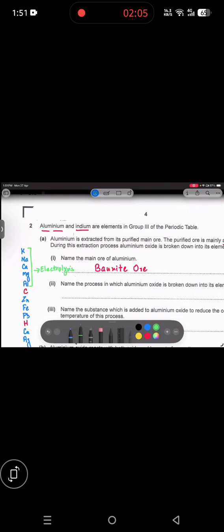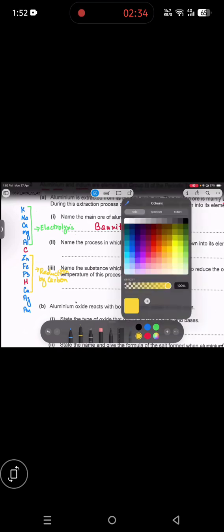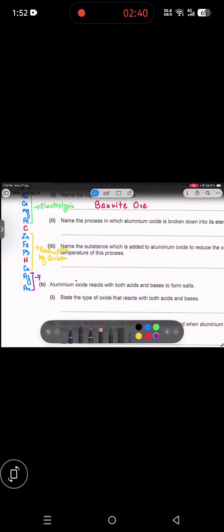Remember this point. The elements which are below the carbon, including the copper as well, these elements are extracted by the reduction by carbon, and the last two are reduced only by heating.